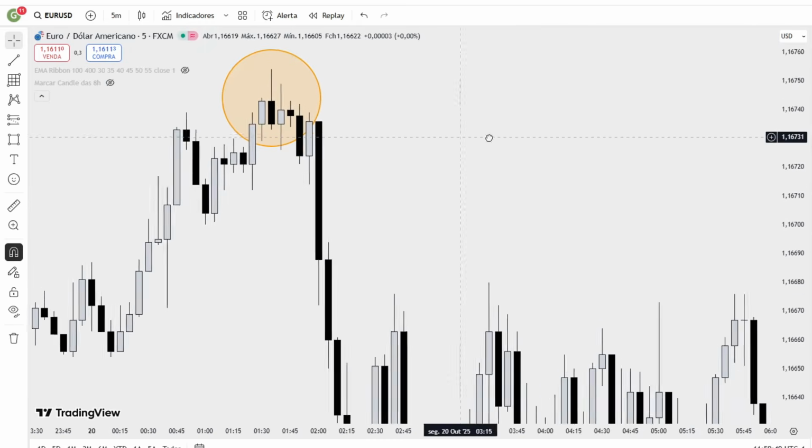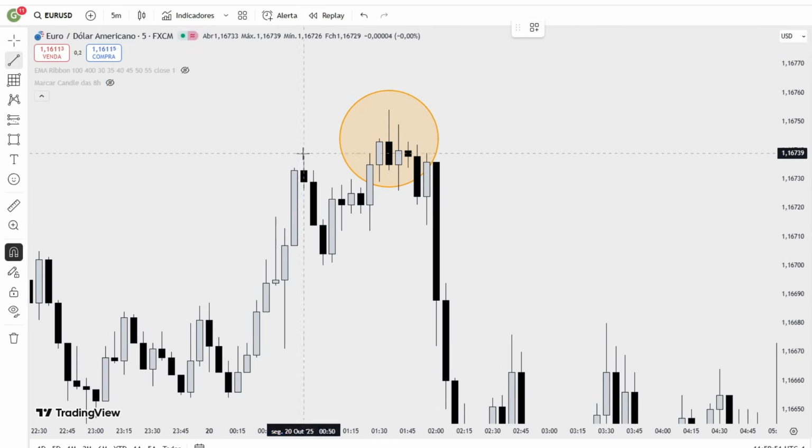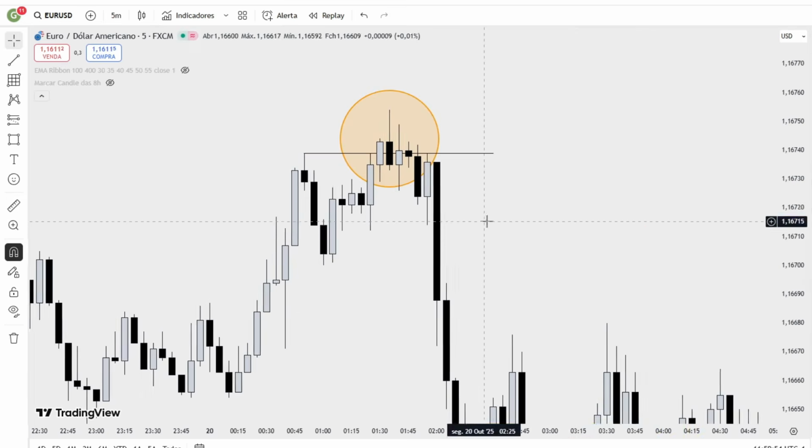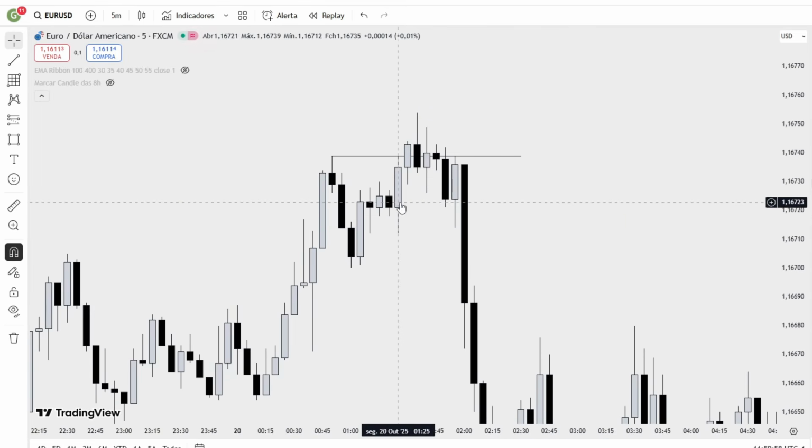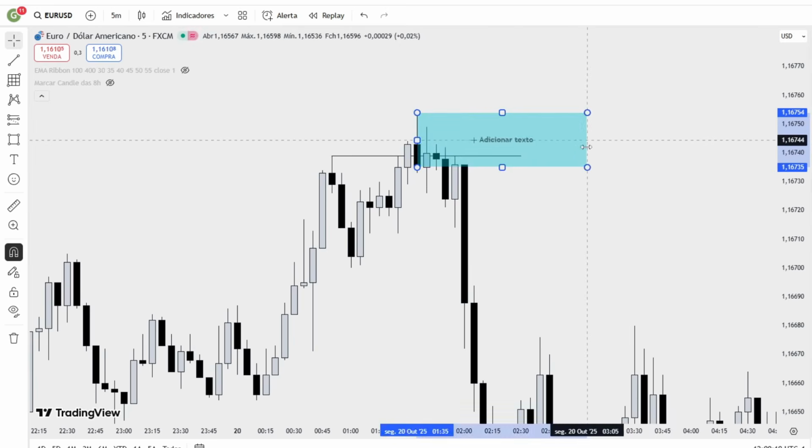Another example. Here you have a manipulation. In this case, both are in the same place, so you can adopt this one or this one, whatever. I make this the order block.